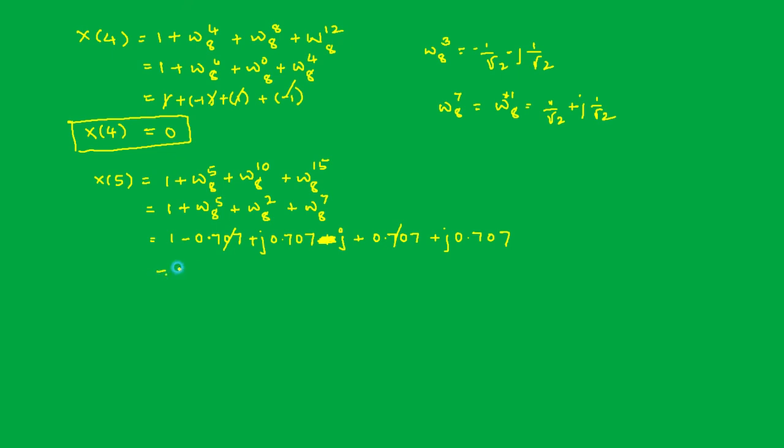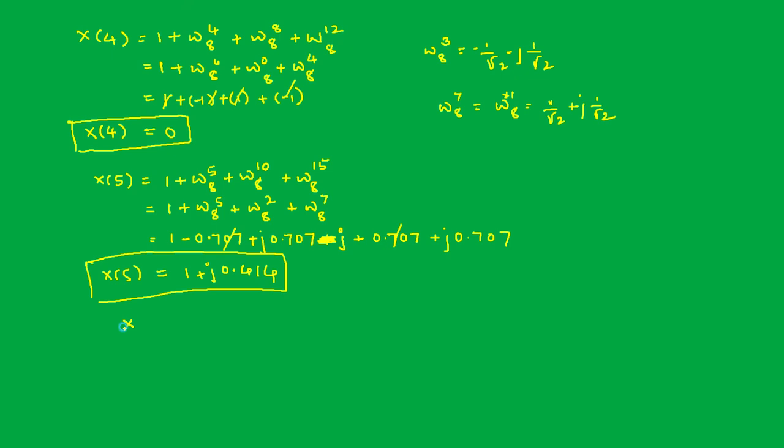So what I will get is 1, plus j and plus j, and here it is 1.414 and there is minus j, so you will get plus j 0.414. You will get x of 5 is equal to 1 plus j 0.414. Is that clear? 1 plus j 0.414.